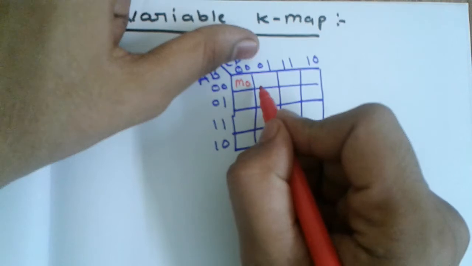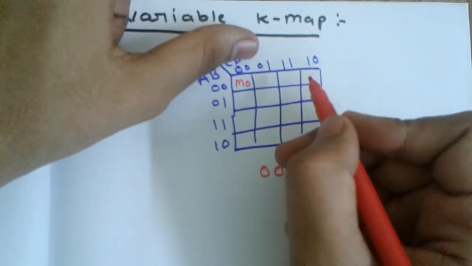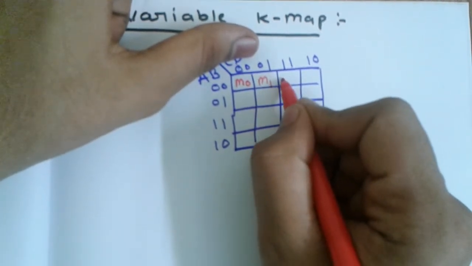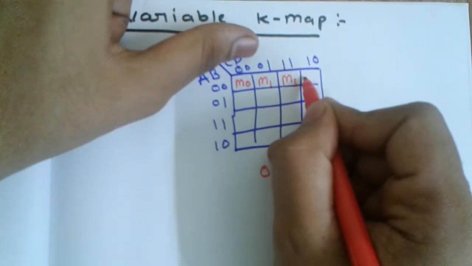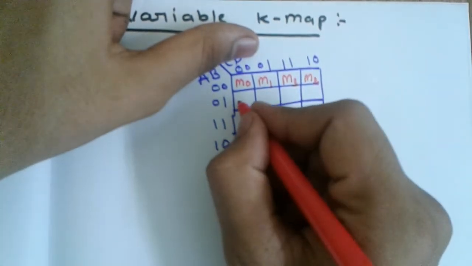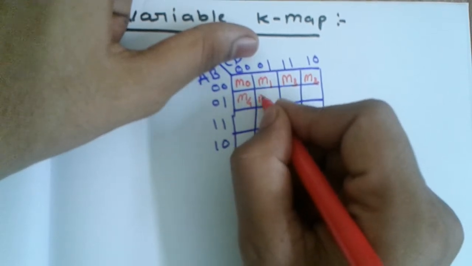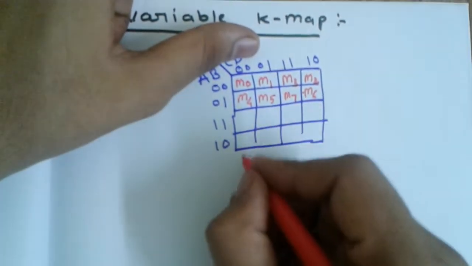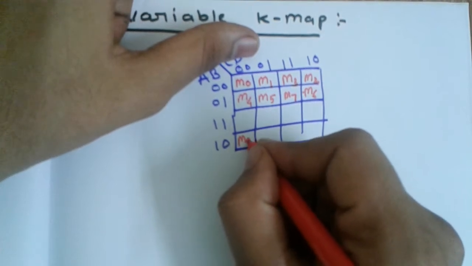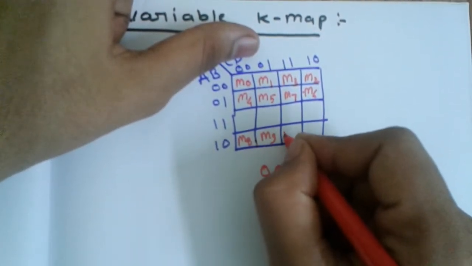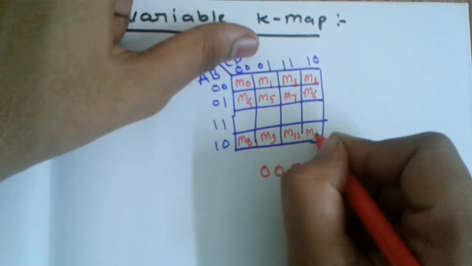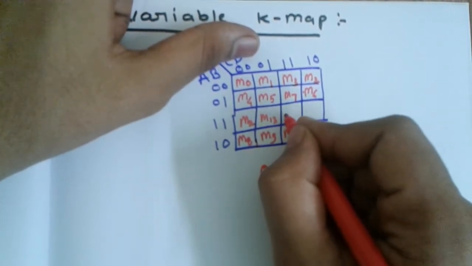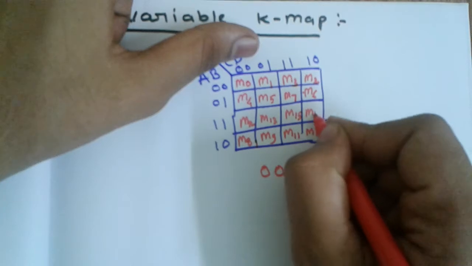I have already described this in 3 variable K-map, so I am directly writing: M1, here will be M3, here M2, here M4, M5, M6, M7, this will be M8, M9, M11, M10, this is M12, M13, M15, M14.